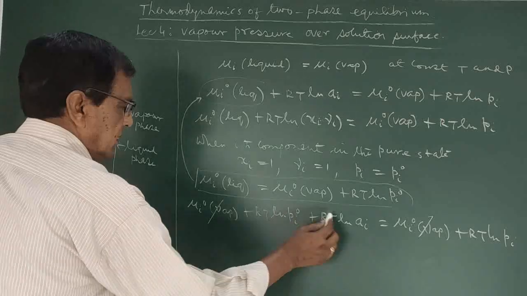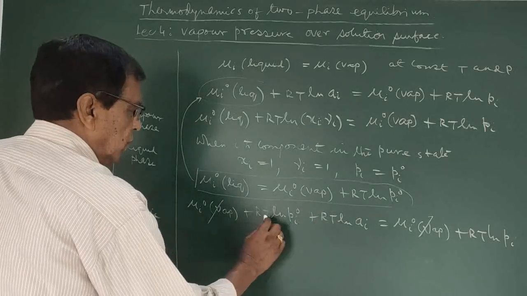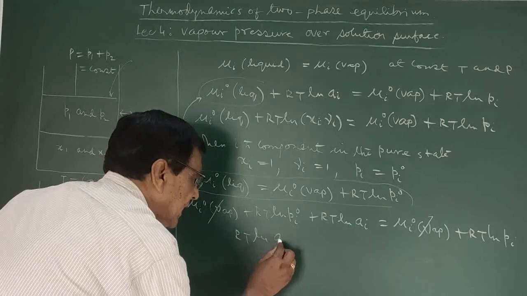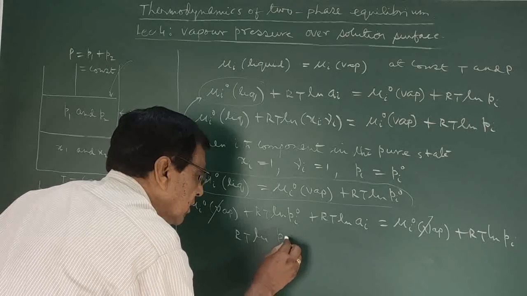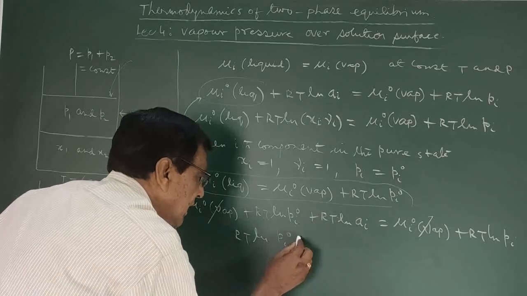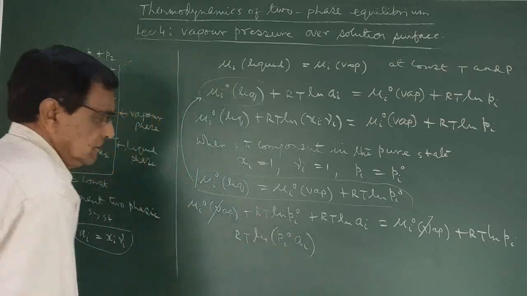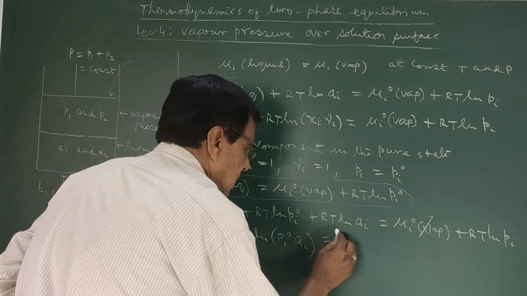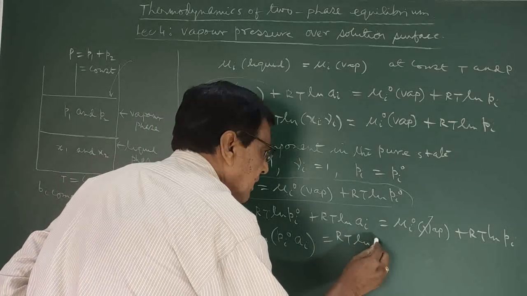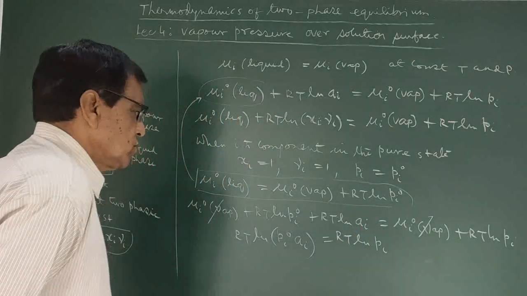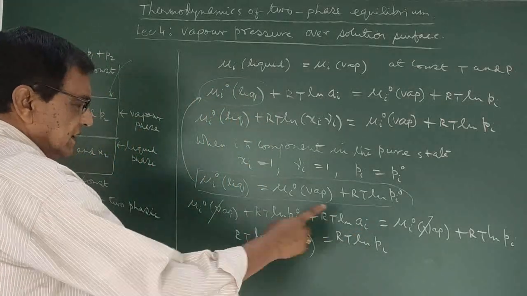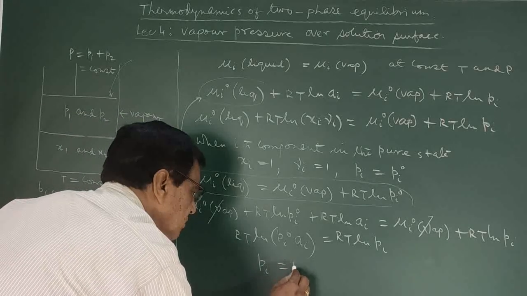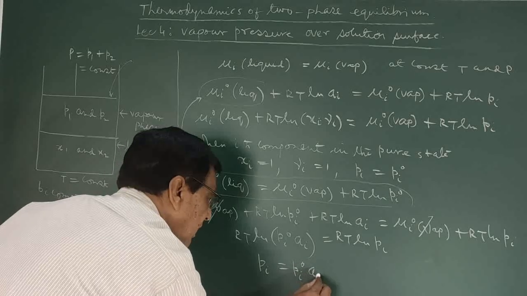If we join these two and make one term, RT is common, and ln P i naught and a i, and this will be equal to RT ln P i. So automatically cancelling the like terms, we have P i equal to P i naught and a i.